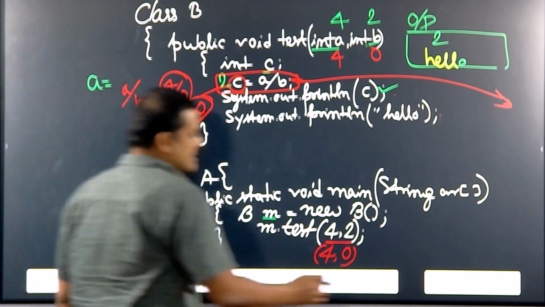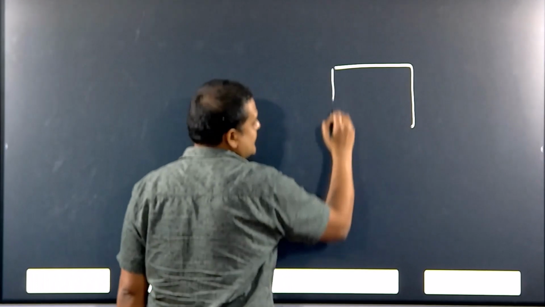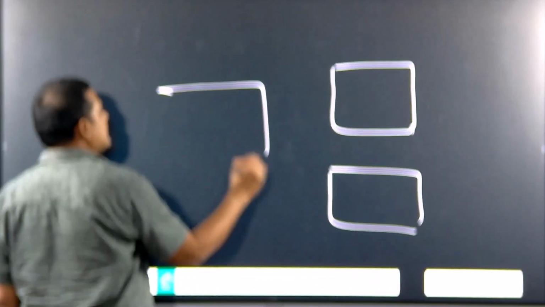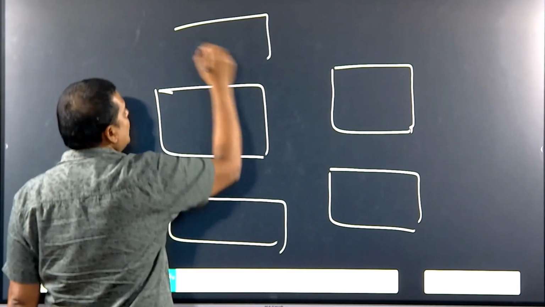So think about the scenario if we are having some autopilot system. These are the different modules, some modules are there in the autopilot system.